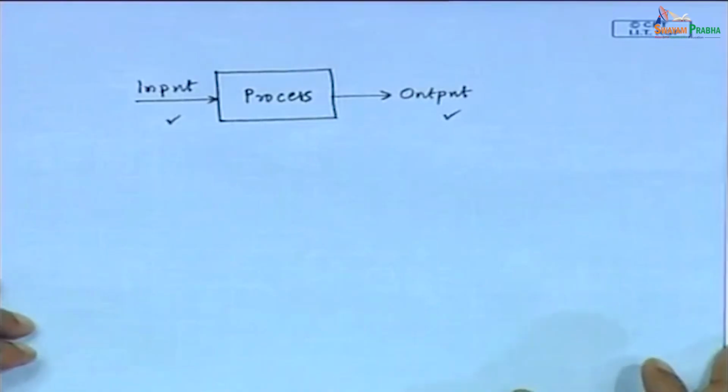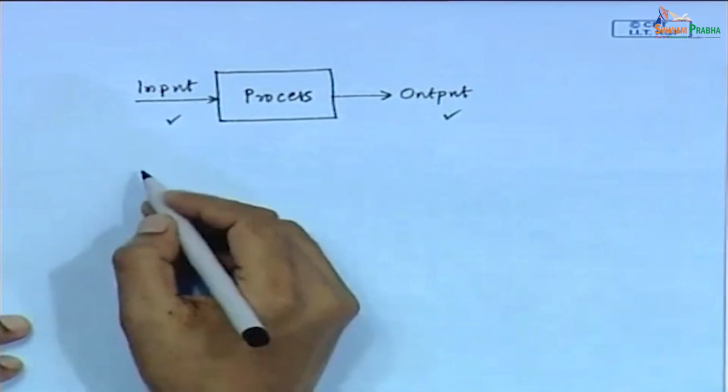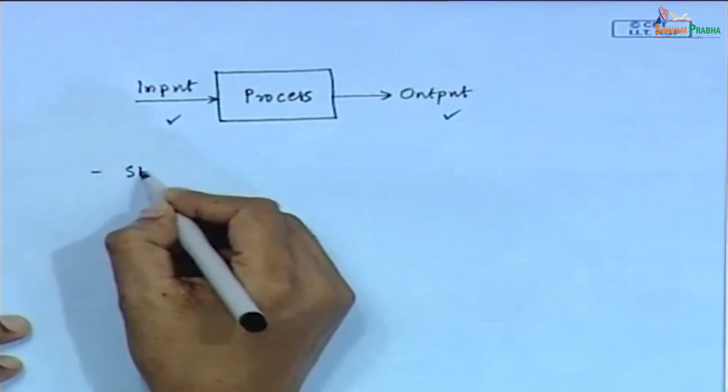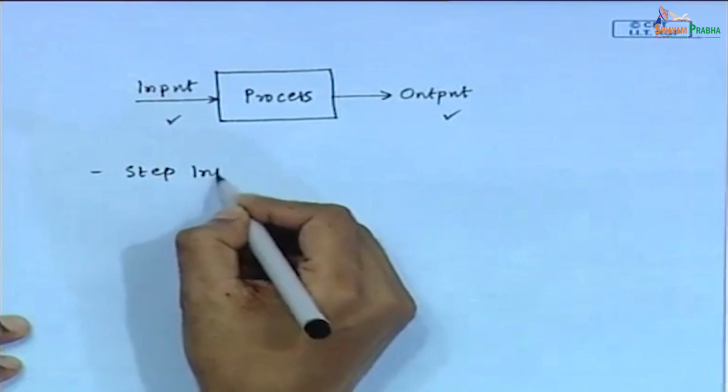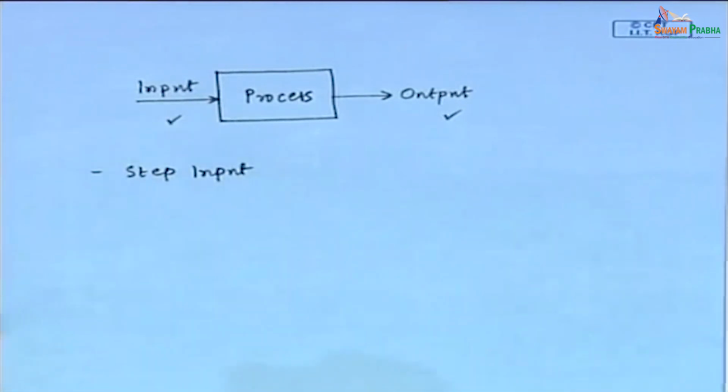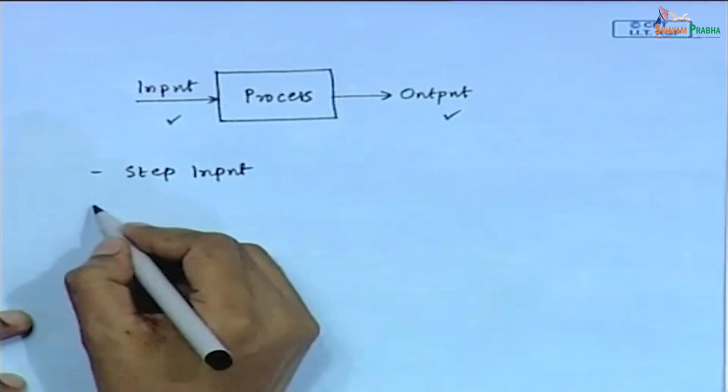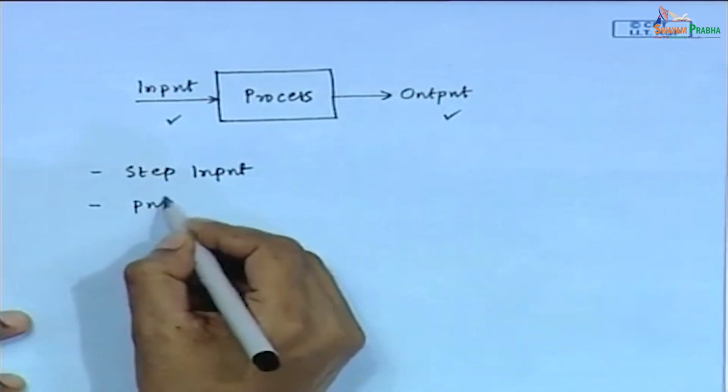Now, there are different input variables which we will consider. Those are like step input. Fine. Another one is pulse input.